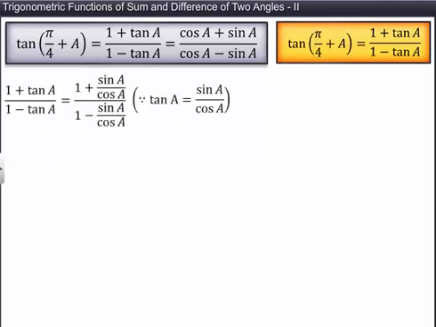Now, substituting tan A is equal to sin A by cos A, we get cos A plus sin A divided by cos A minus sin A.